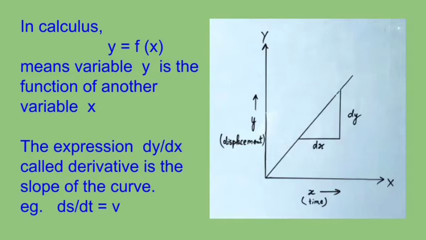The expression dy by dx, called derivative, is the slope of the curve, about which you already know. For example, when we consider the motion of an object, its displacement is a function of time. Then derivative ds by dt is equal to v, the velocity of the object in motion.